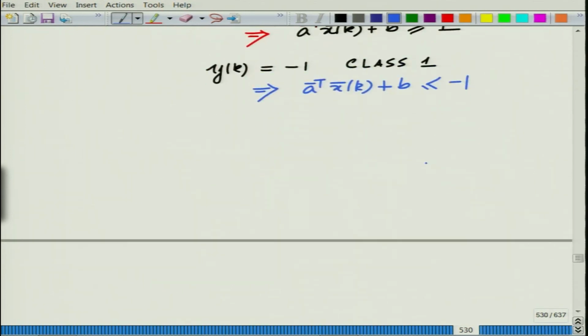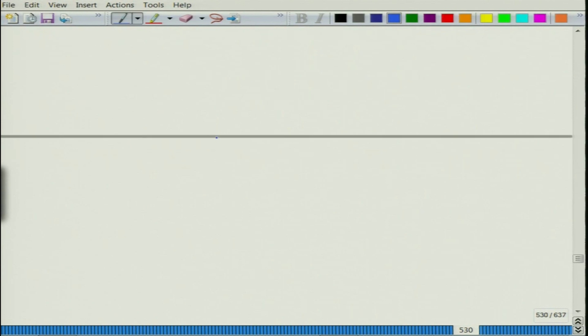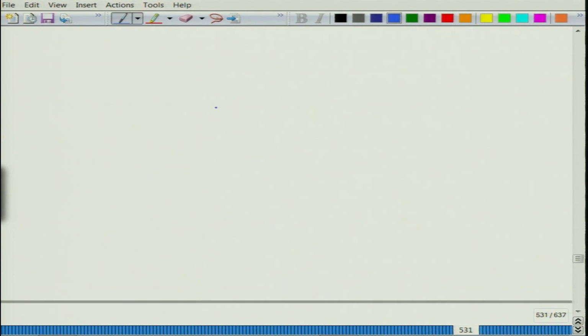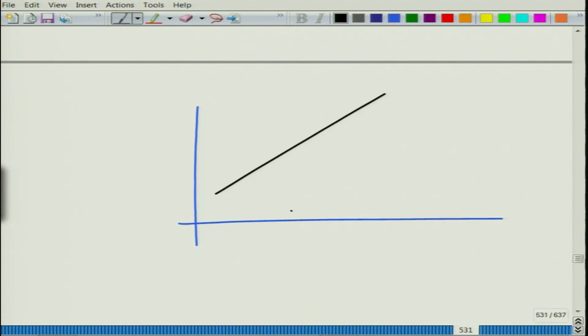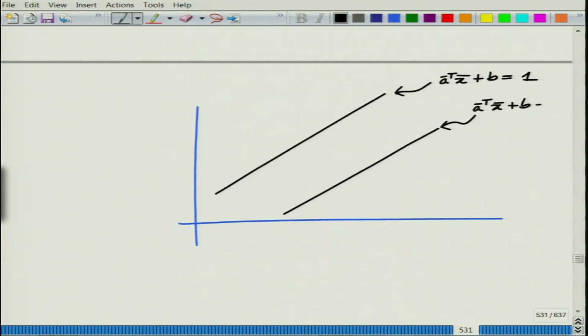So, if you see now, what happens is you essentially have these two hyperplanes. You do not have one, but two hyperplanes. You can say this is your a bar transpose x bar plus b equal to plus 1, and this is your a bar transpose x bar plus b equal to minus 1.